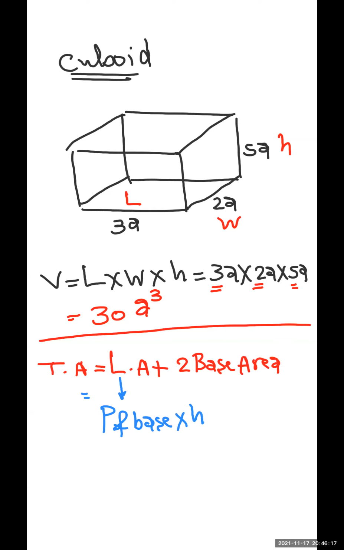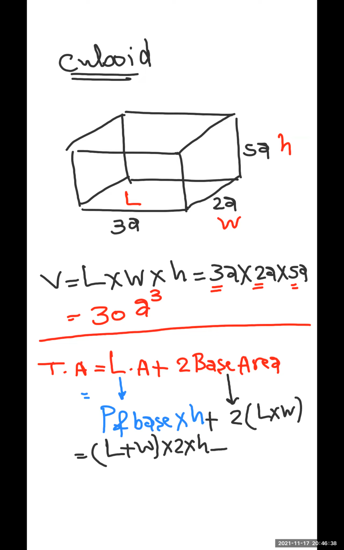And 2 base area means plus 2 times length times width. And now, perimeter of the base means what? It's a rectangle. Length plus width times 2, times height, plus 2 times length times width.